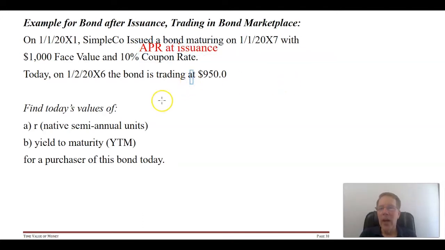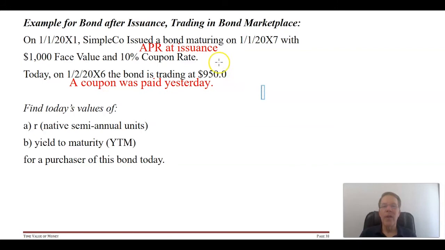Okay, and so today it is January 2nd, 20X6, and the bond is trading at 950. So a coupon payment has just been paid, okay? A coupon was paid yesterday.